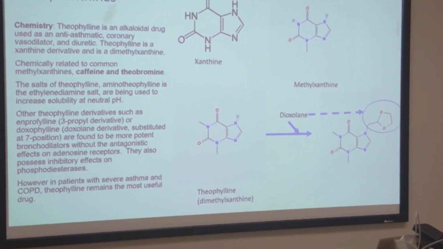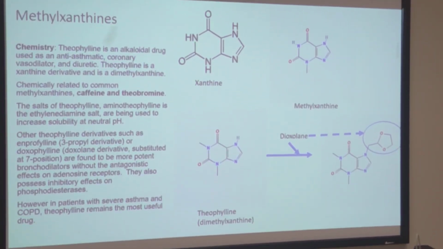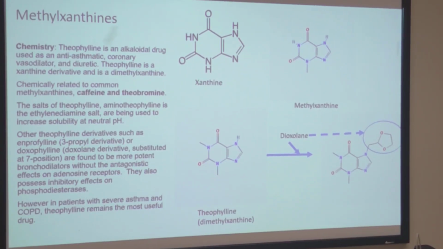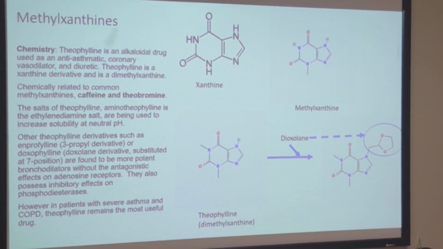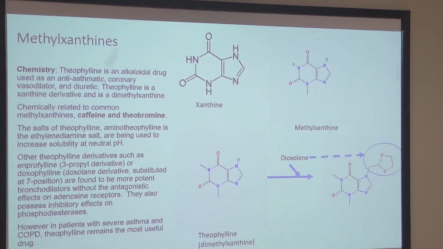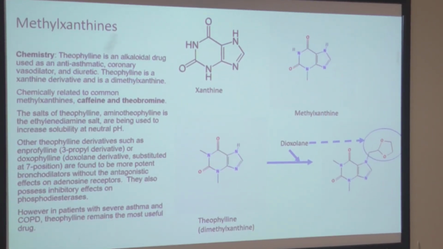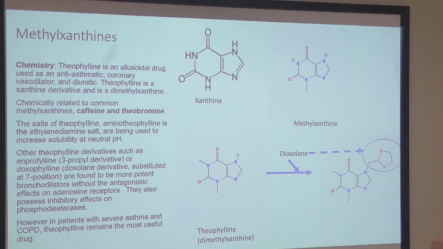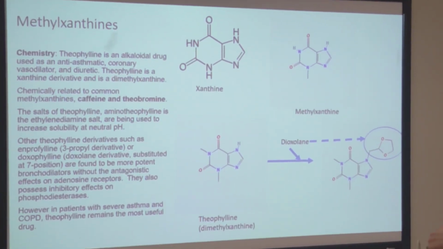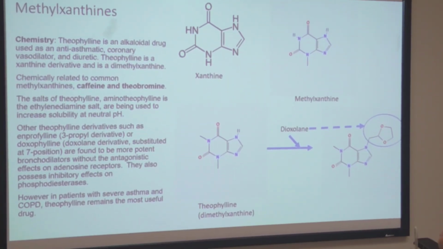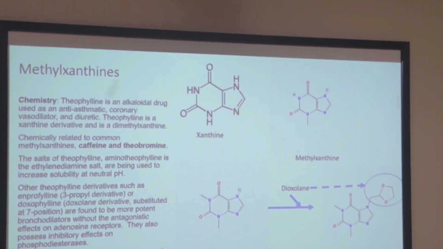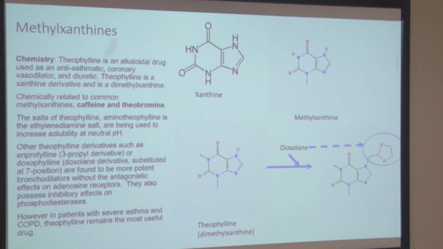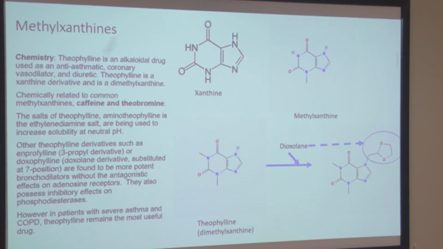And then xanthine oxidase will convert xanthine into hypoxanthine and the other one, uric acid. Remember that was for the development of gout. Xanthine is here. So theophylline is related to the xanthine nucleotide.